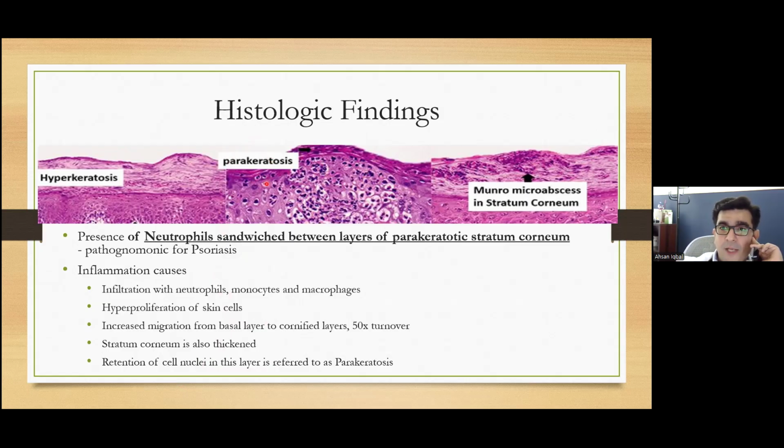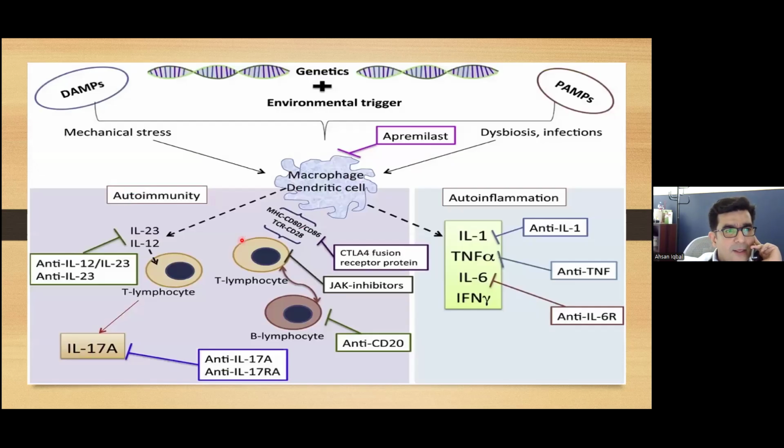Usually, the nuclei go away in normal skin, and then the landmark of the pathology is neutrophil sandwiches between the parakeratotic layers. Essentially, that means you'll see lots of inflammatory cells between the layers of the skin on the biopsy. And this is pathognomonic for psoriasis in these patients.